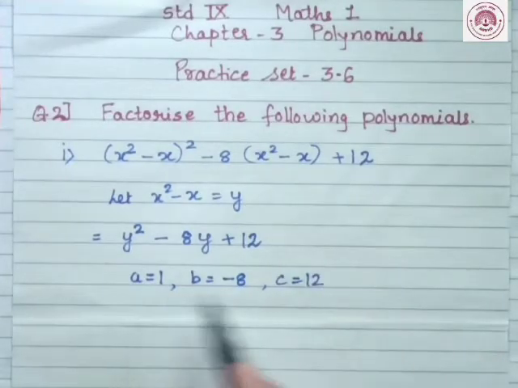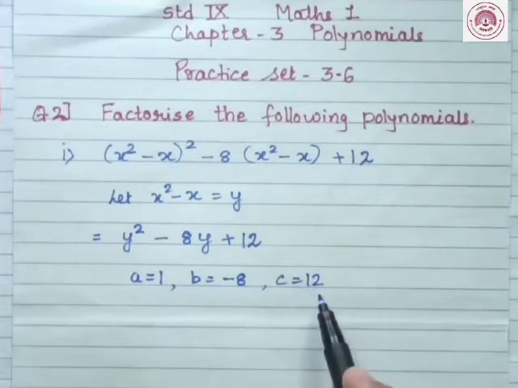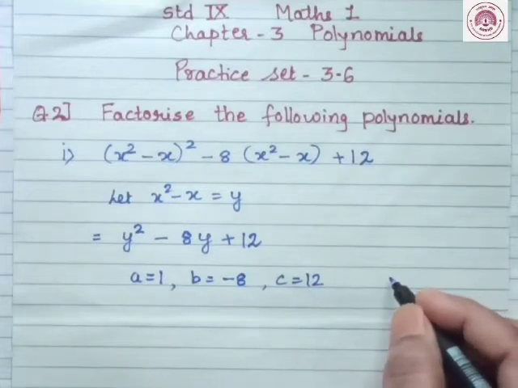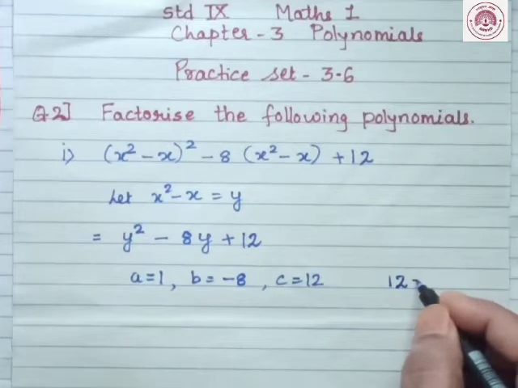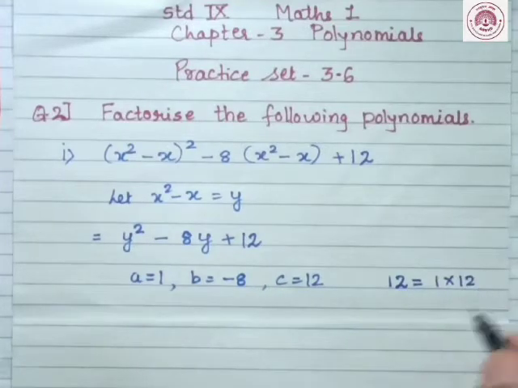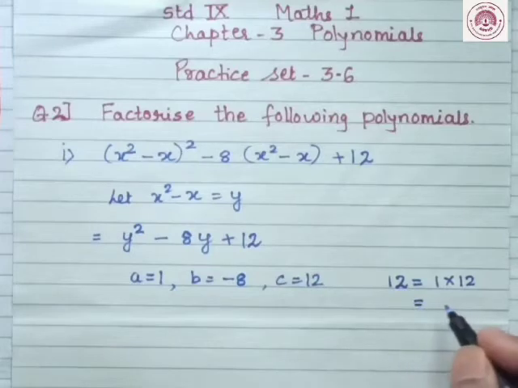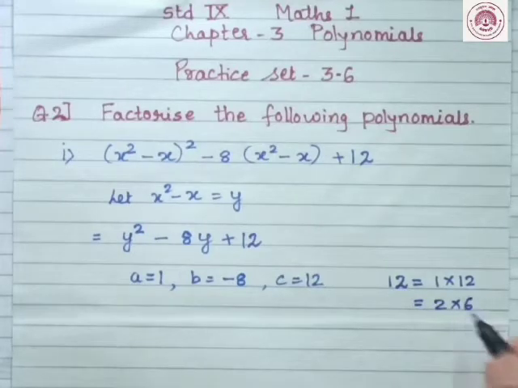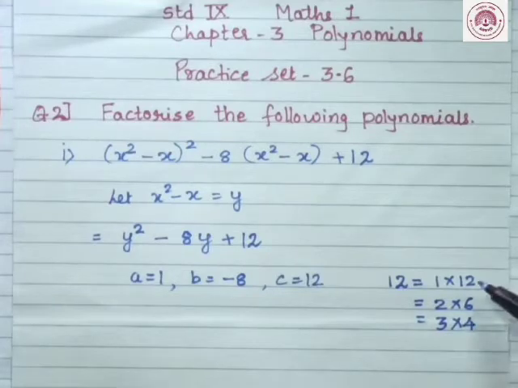So the product AC is 1 × 12, that is 12. What are the factors of 12? First, 1 × 12. Other factors are 2 × 6, 3 × 4. So these are the factors of 12.